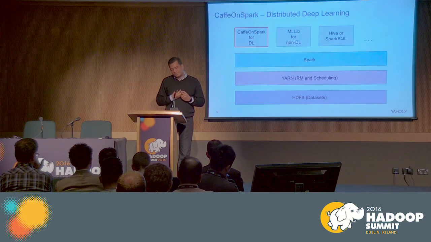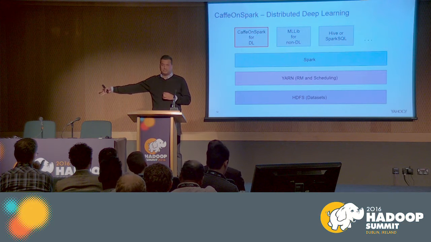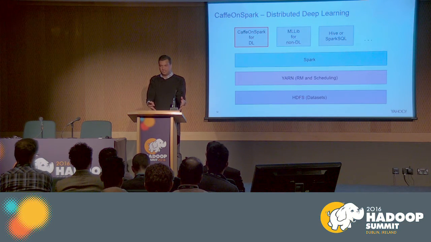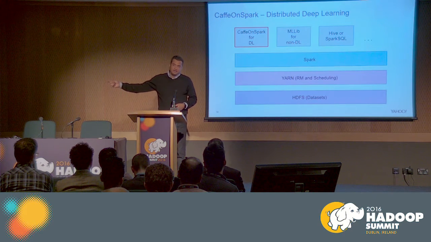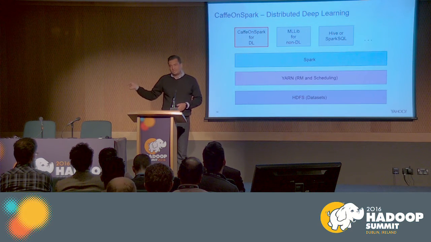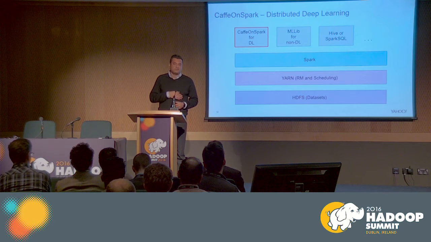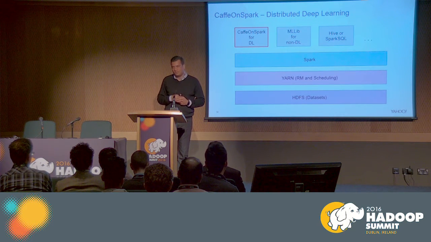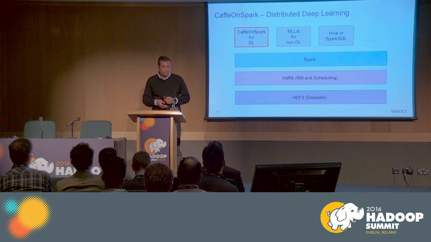One of the objectives we had was not to set up a specialized cluster for deep learning, because all the data was sitting on these Hadoop clusters, and had we done that, you would keep moving data back and forth, models back and forth, and that was not desirable because, A, it's slow and painful. So that was one requirement we had.